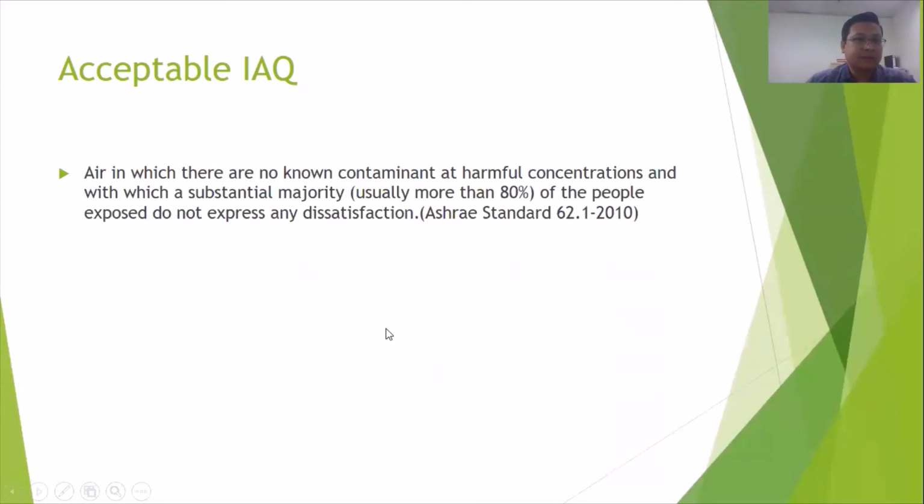So how is acceptable indoor air quality defined? It is air in which there are no known contaminants at a harmful concentration, and with which a substantial majority, usually more than 80% of the people exposed, do not express dissatisfaction.